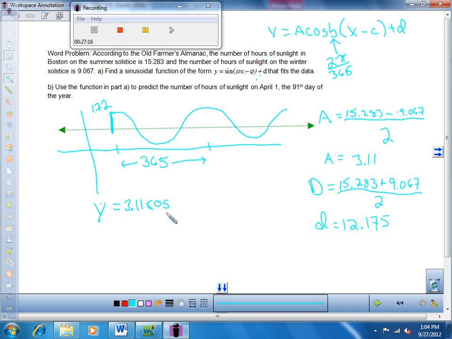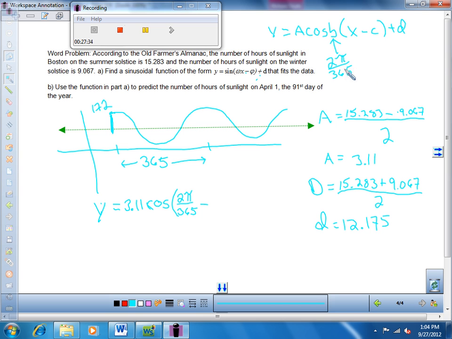And then we're going to plug in our b, which you can leave just as 2 pi over 365 minus b times c, okay? So you have to do that on a calculator.